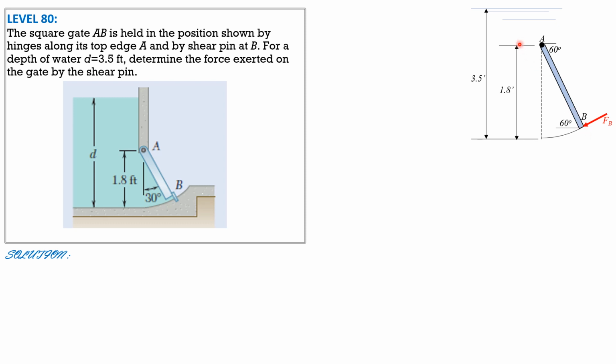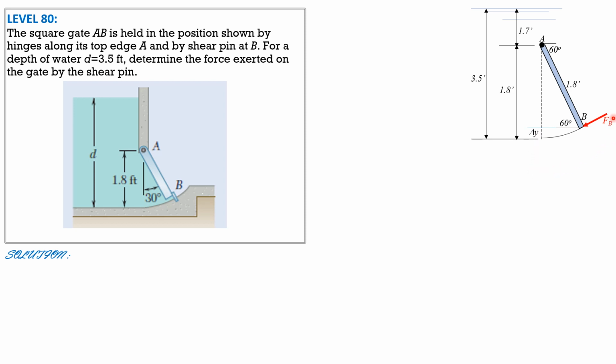So therefore, if this is the gate, 3.5 minus 1.8, the pressure at A is specific weight of water 62.4 times 1.7, because 3.5 minus 1.8 is 1.7, while the vertical distance from water surface to B is 3.5 minus this delta y here. This angle is 60 degrees because this is 30 from the vertical, so 60 degrees from the horizontal, and call this delta y.